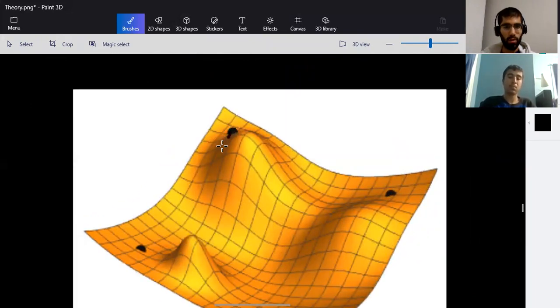Let's say it goes here, then here, then here, then here, and here. So it took 1, 2, 3, 4, 5 steps, and in each step, it was going towards the direction of steepest descent. It was very accurate at figuring out the best way to optimize all the parameters. Yeah?